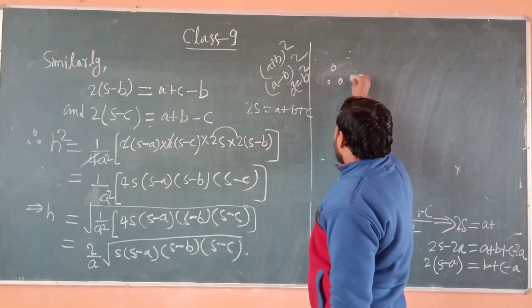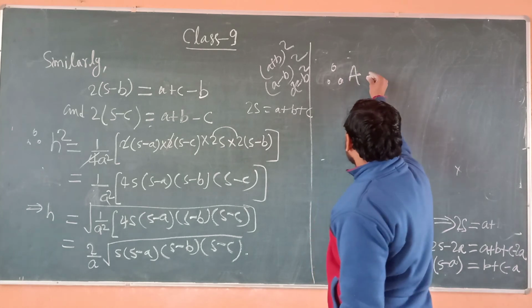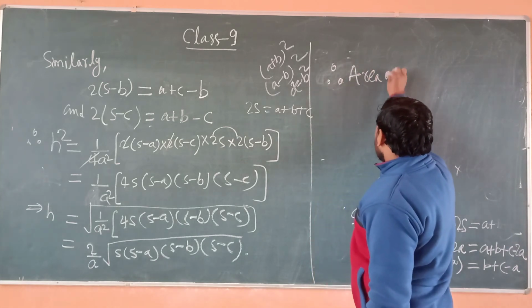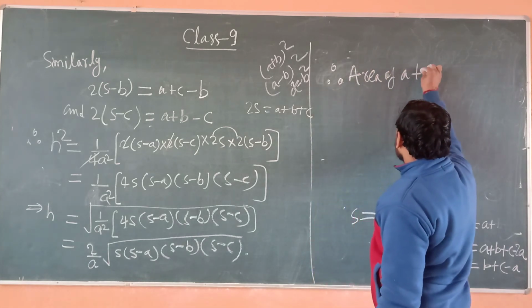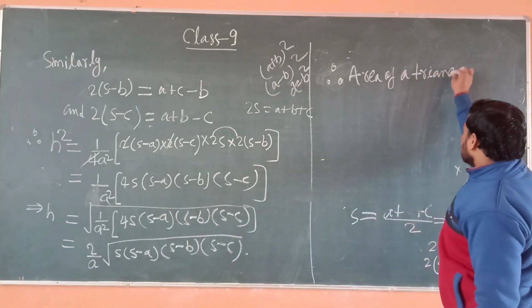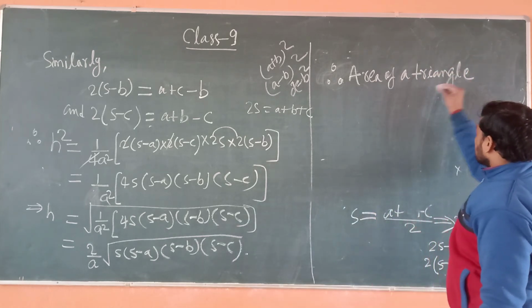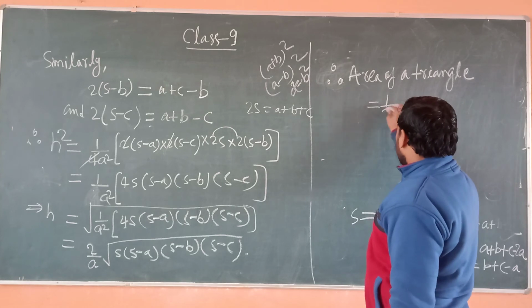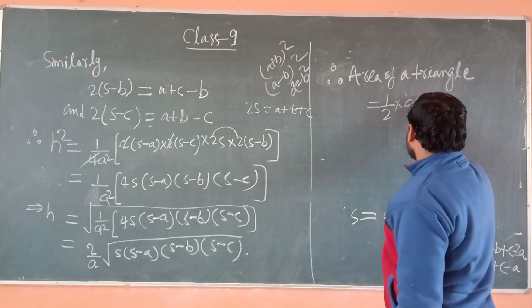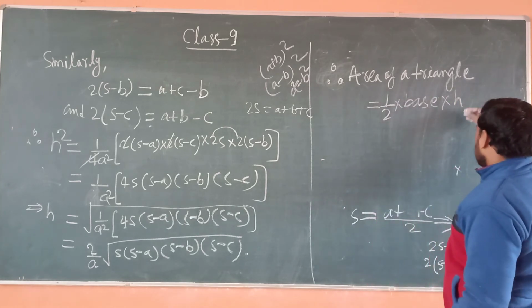Therefore, area of a triangle is equal to 1 upon 2 into base into height.